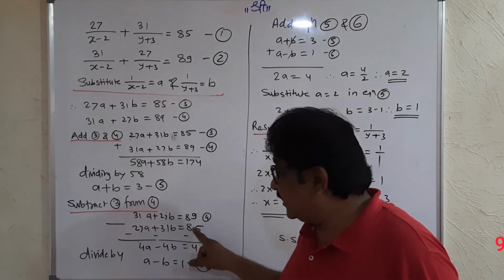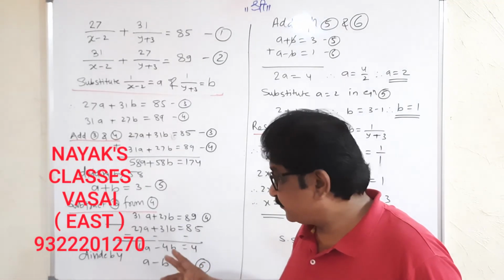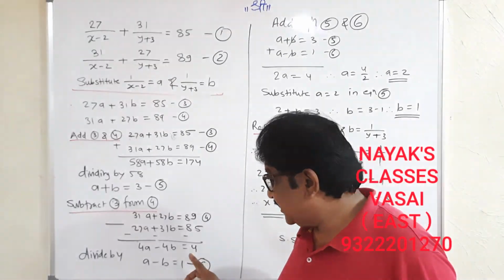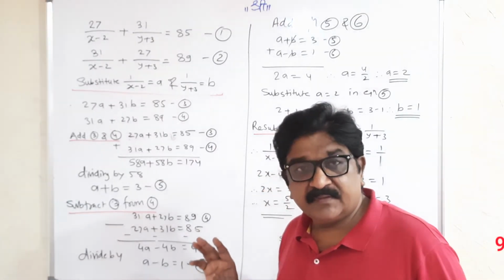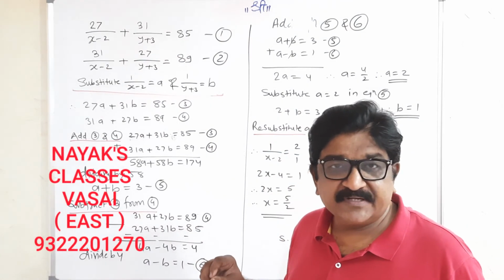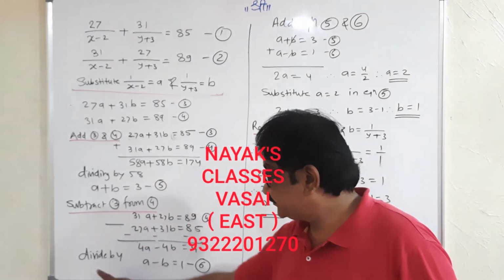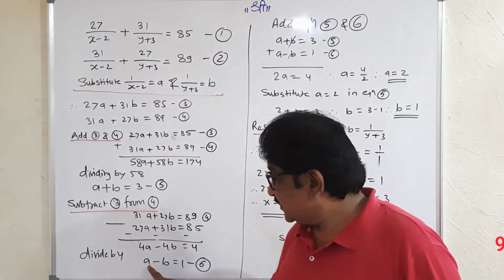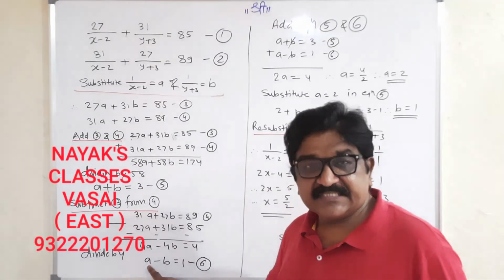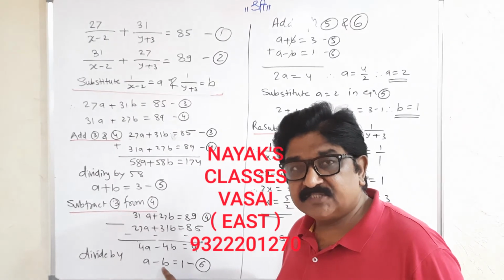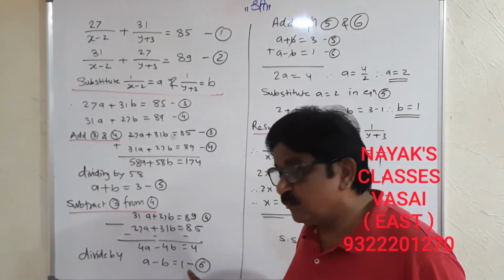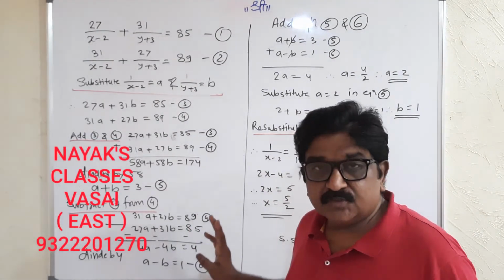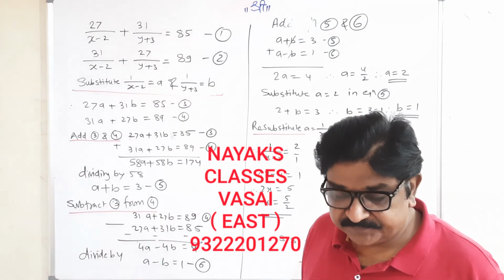And 89 minus 85, 4. 4a minus 4b is equal to 4. To minimize the coefficients, divide by 4. We got equation number 6: a minus b is equal to 1. So this is the sixth equation.